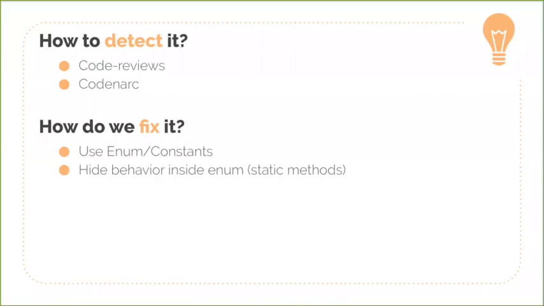Instead of writing, in any place of my code, if user.status equals enum.active or user.status equals enum.whatever, write a helper method, a static method inside your enum. For example, isUserActive. And then you pass the user as a parameter or the status as a parameter.